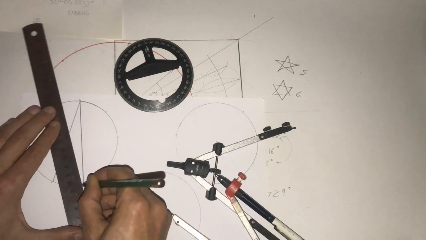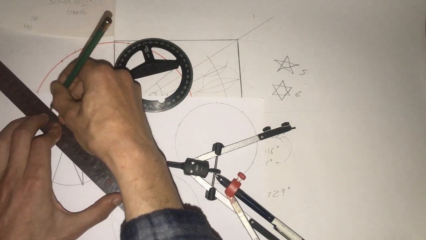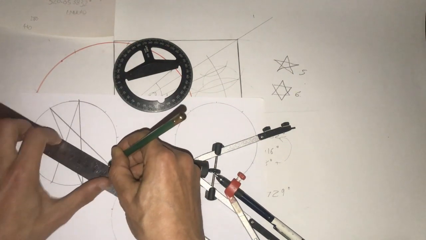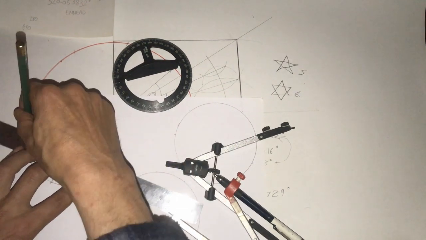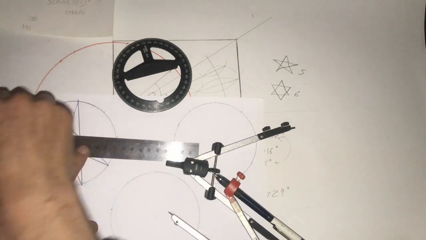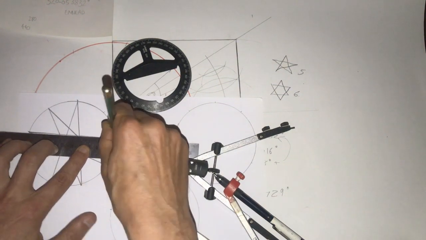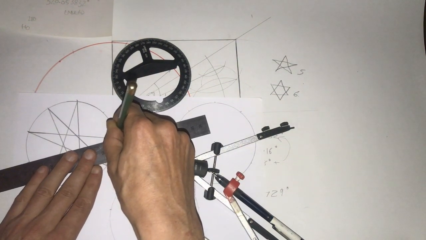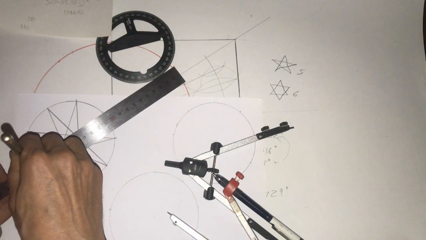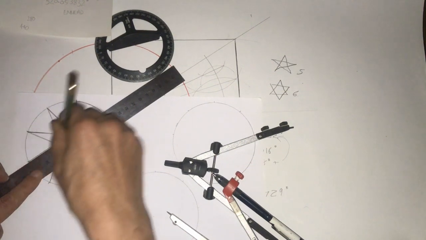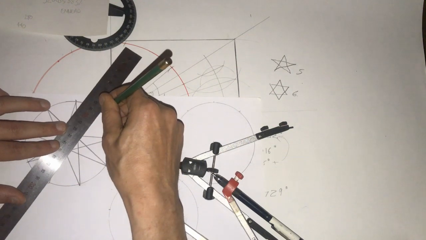So if I just follow this around, again without ever having to remove the pencil or the marker, you can create this 9-pointed star. Let's move it.